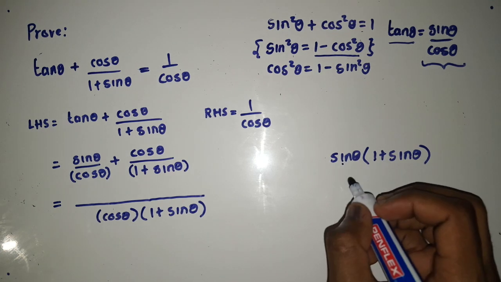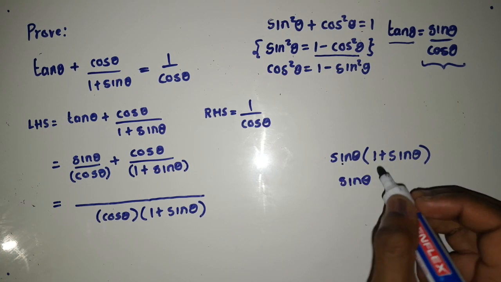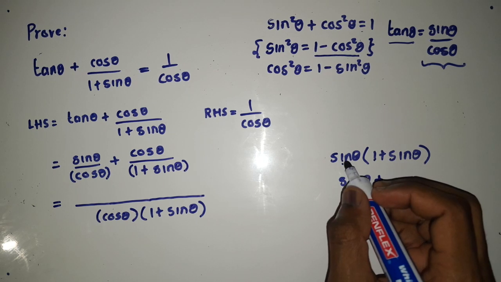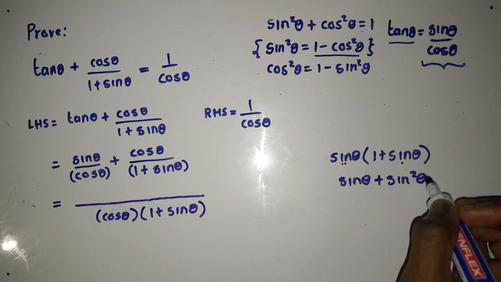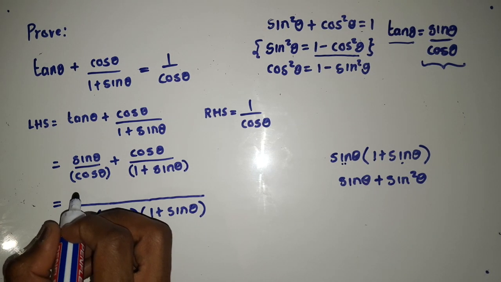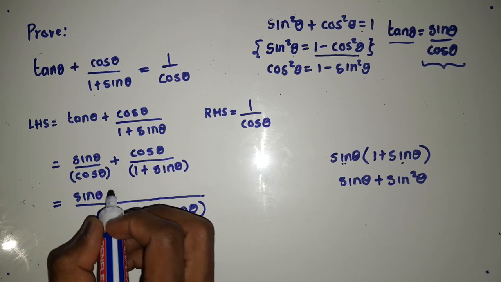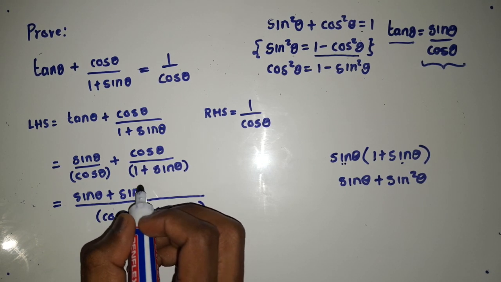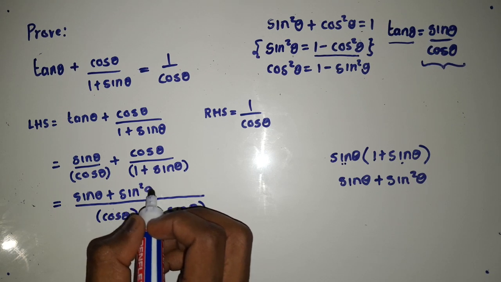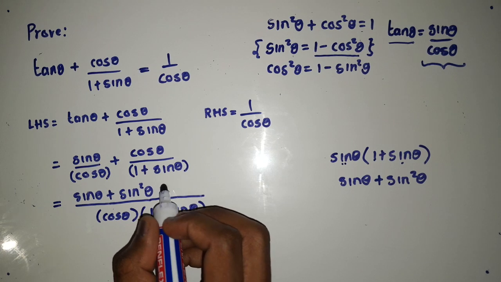It's going to be sine theta, sine multiplied by 1 is sine theta, plus sine multiplied by sine is sine squared theta. Then let me write it here. The sine theta plus sine squared theta. You see? Then I also write this positive sign.